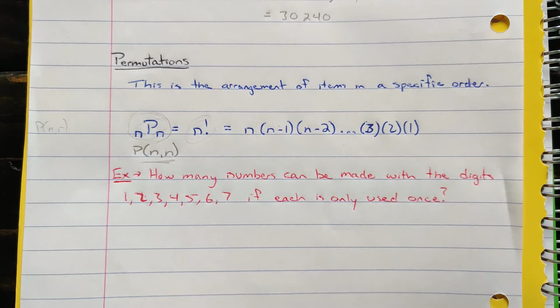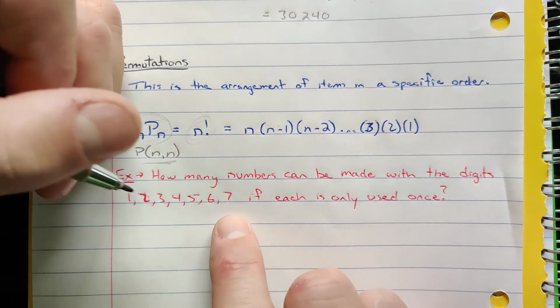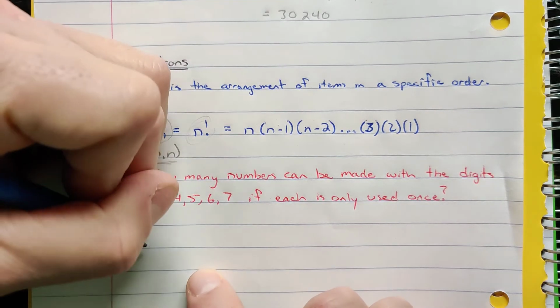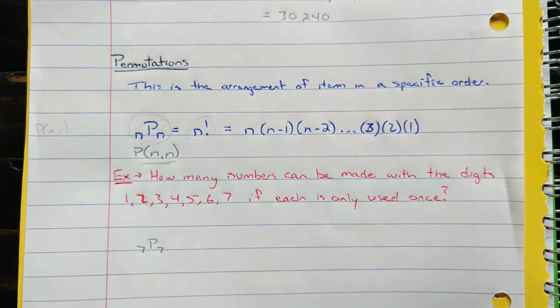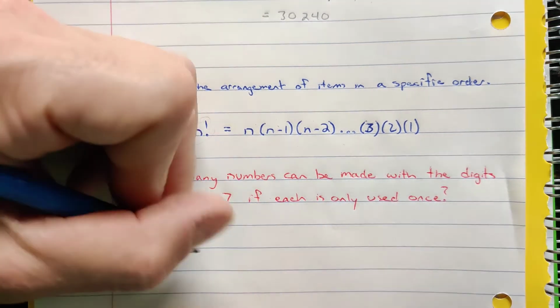So if we have the example here, how many numbers can be made with the digits 1, 2, 3, 4, 5, 6, 7 if each is only used once? Well, we have 7 digits, and we're selecting 7 of them, so how many permutations are there?